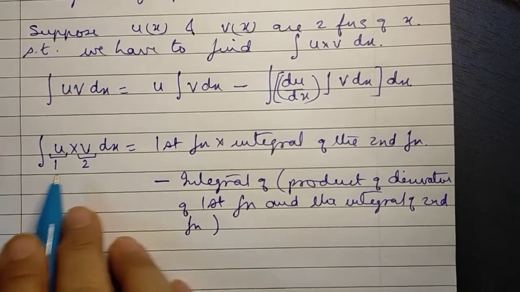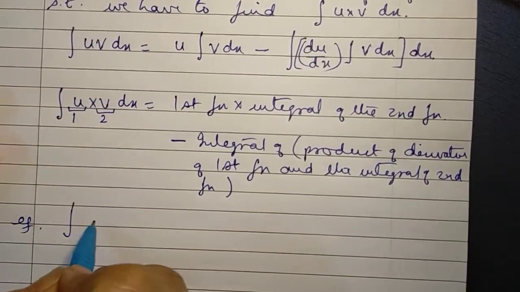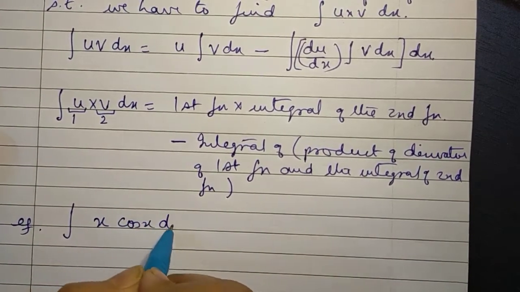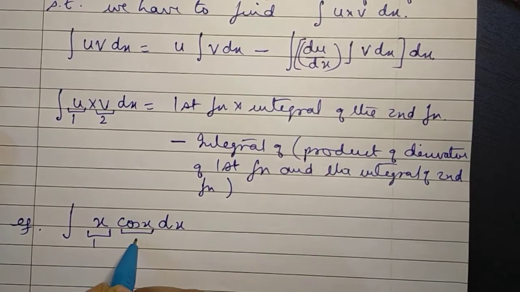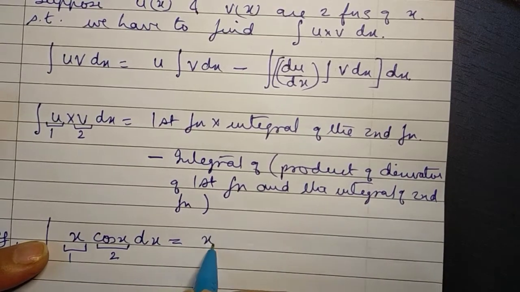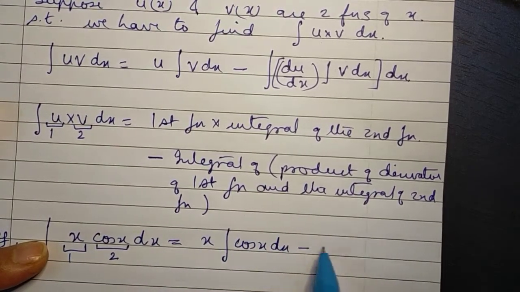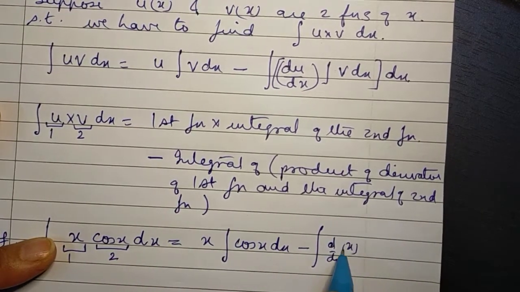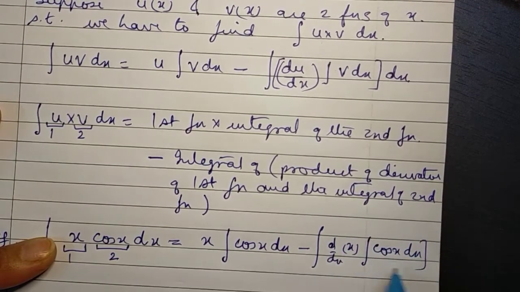Now let us see how we use it. For example, suppose we have x into cos x dx. So we take this as the first function and this as the second function. First function as it is into integral of the second function dx minus integral of derivative of the first function into integral of the second function dx.